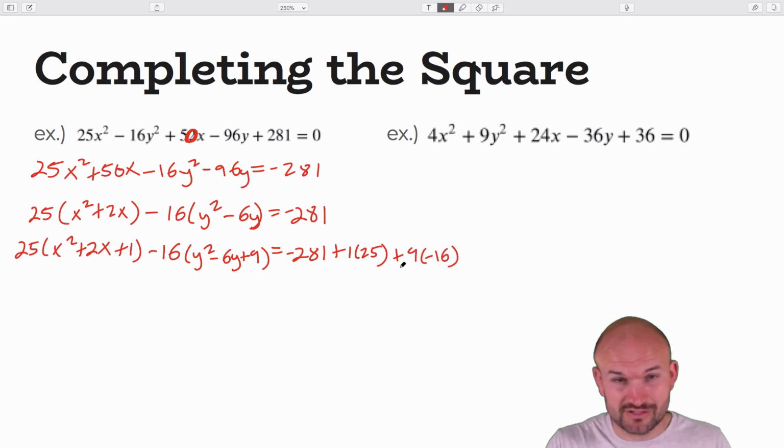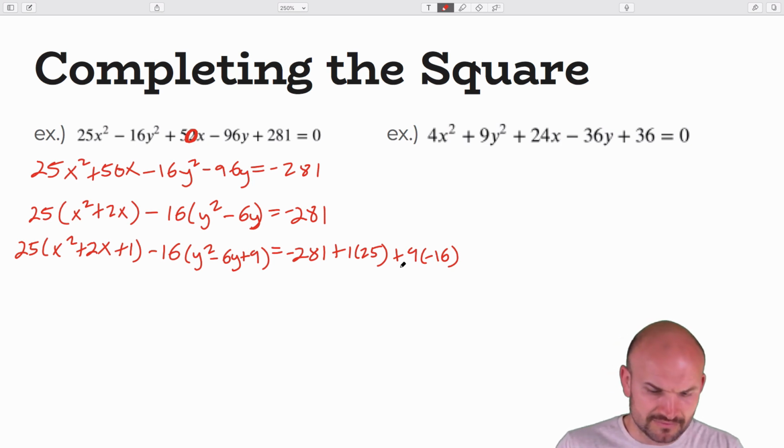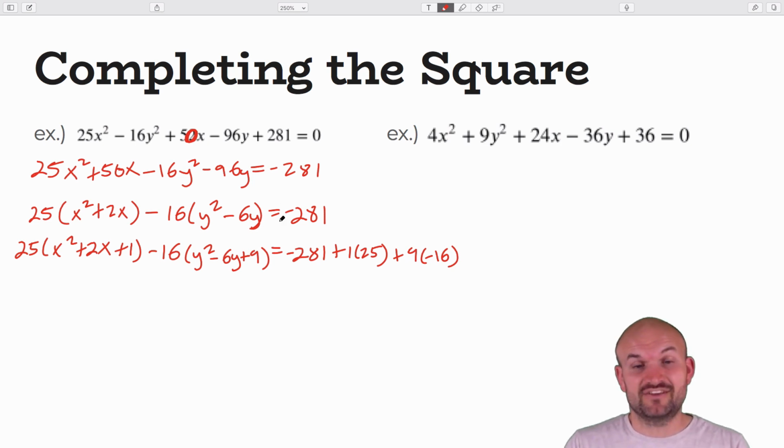Okay, now I'm actually going to use my graphing calculator just because I want to make sure that I have everything accounted for correctly. So 9 times 16 plus 25, actually that's going to be a negative 144 plus 25 minus 281. And that's going to be a negative 400. Okay.